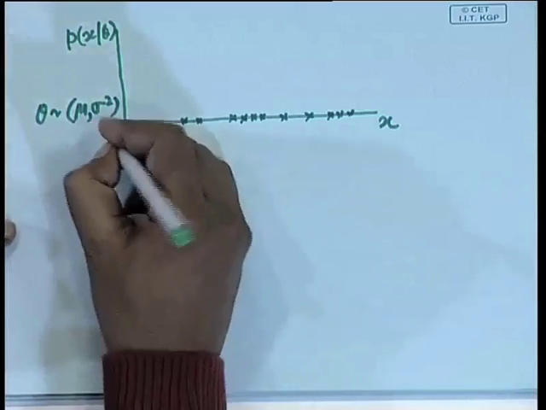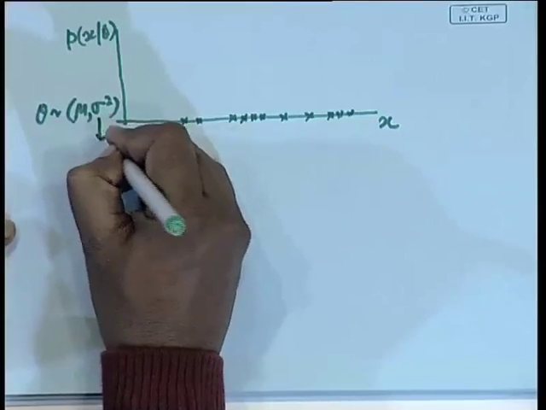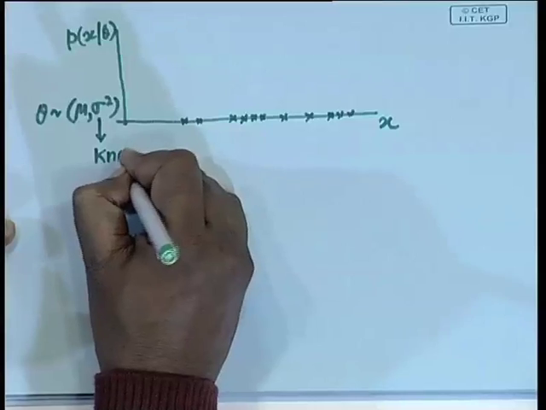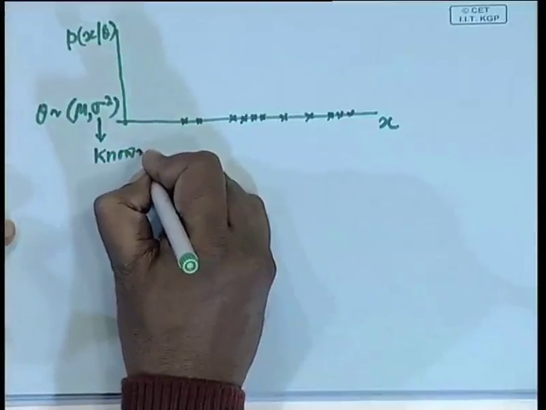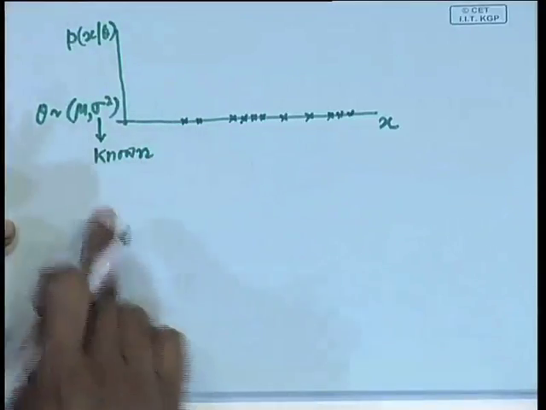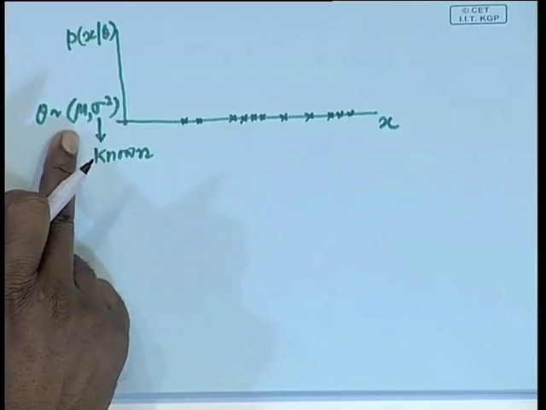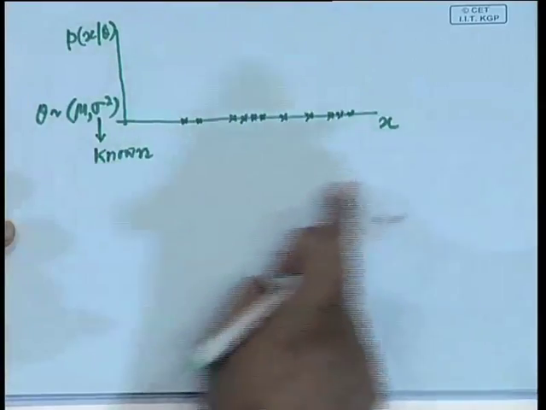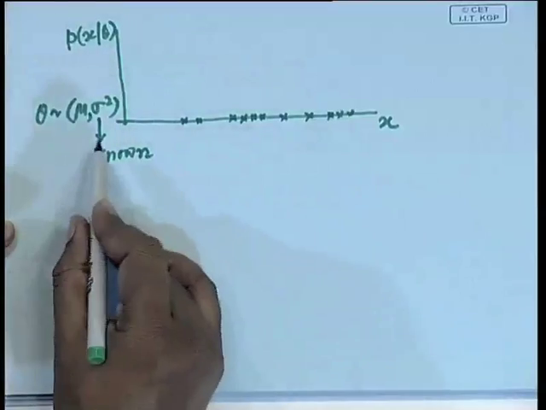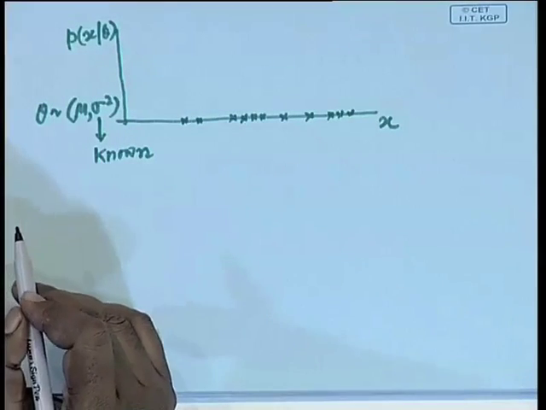Suppose I have a point distribution, some arbitrary distribution, something like this. Now, if I assume that sigma squared is known, I am just simplifying the case, then what is unknown is mu, right. So, from this point distribution, I have to estimate the value of mu.